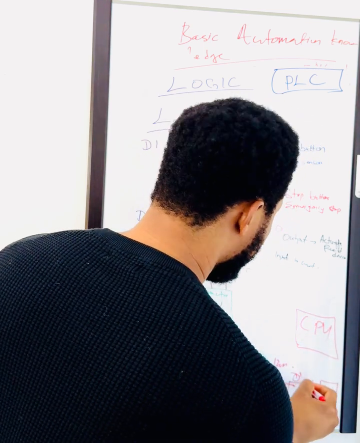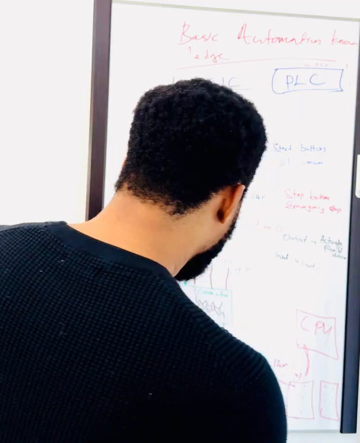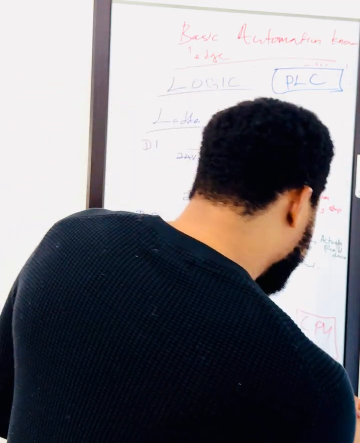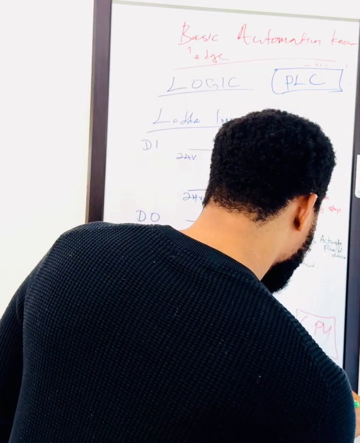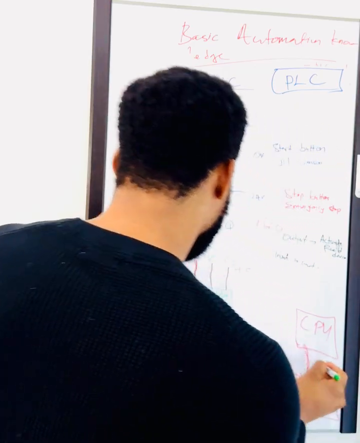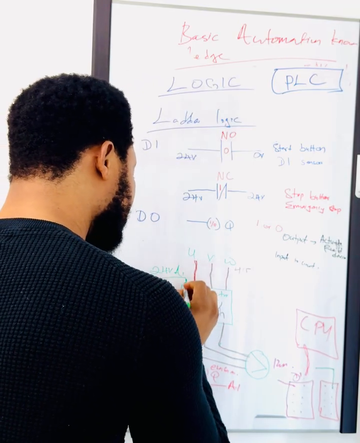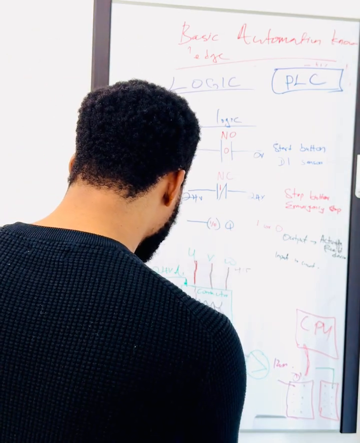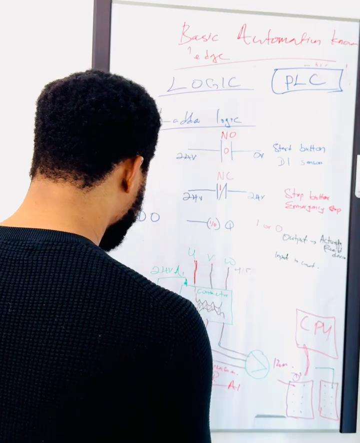For the input, it goes to the CPU, the connector is behind. Then the CPU will see this logic and it gets the output. The output will now come out and go back to your auxiliary contact. So this is the Q, the output.